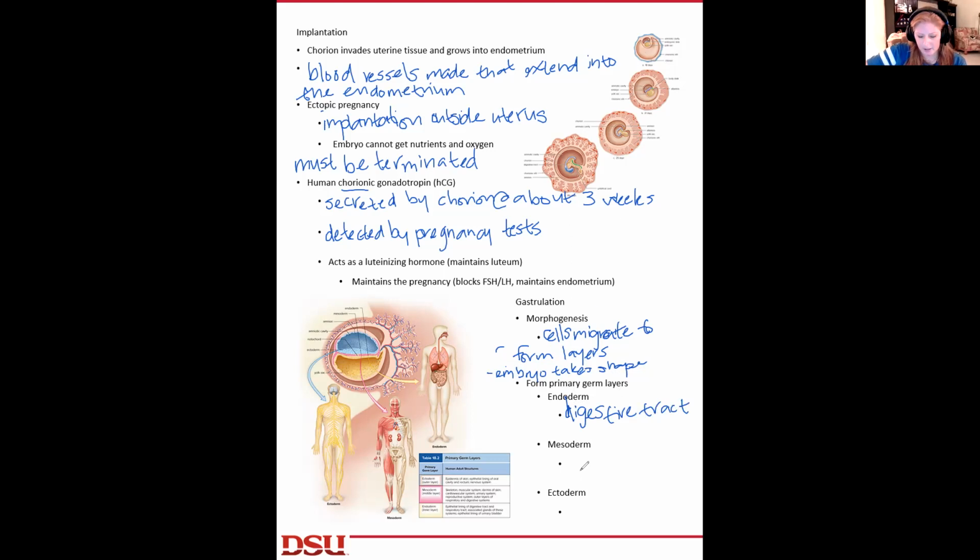Next layer is the mesoderm, and the mesoderm will become muscles and bones and parts of the circulatory system. And then we have the ectoderm, and the ectoderm will become the skin and the nervous system.